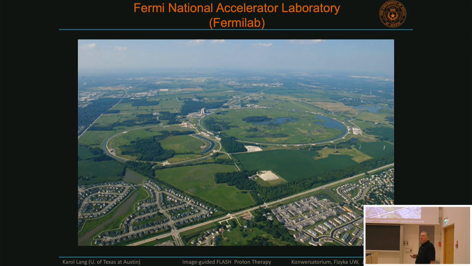This is the same Fermilab that I showed on the previous slide. This is aerial. Essentially, if you are flying to Chicago from the west, 10 minutes before you land at O'Hare, you can see this quite clearly, because obviously these rings are very characteristic structures on the surface of the Earth. And among them, there's this high-rise, which is a tall building and the only tall structure in the Illinois prairie.